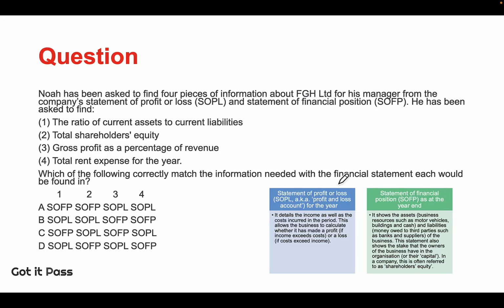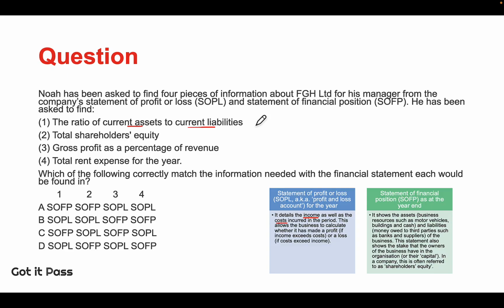So remember, we have 2 financial statements, statement of profit or loss and statement of financial position. The statement of profit or loss details the income and cost incurred for the period. So you have to remember, other than income and cost, items should not be found in the profit or loss account. They can be found in the statement of financial position. And here, you have to ask yourself whether current assets and current liabilities are grouped under income or cost.